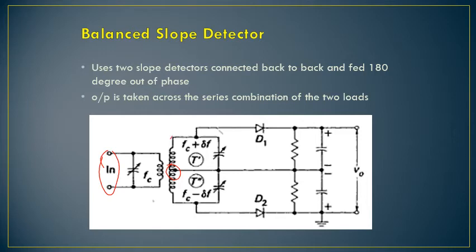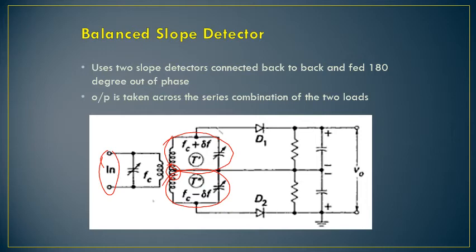This part of the inductor and this capacitor form one tuned circuit called T dash, and this other part of the inductor and this capacitor form another tuned circuit, T double dash. Both these tuned circuits are tuned to different frequencies. Now what are the frequencies? The first part will be tuned to the maximum frequency possible in frequency modulation, that is fc plus delta f.